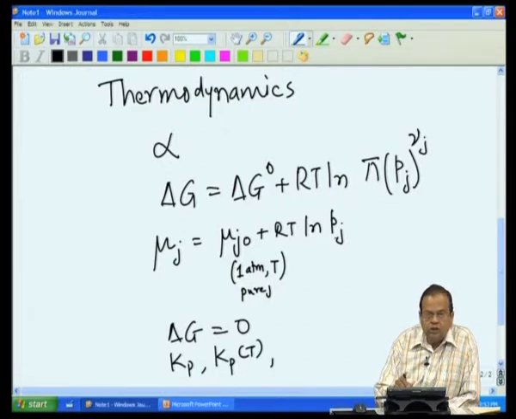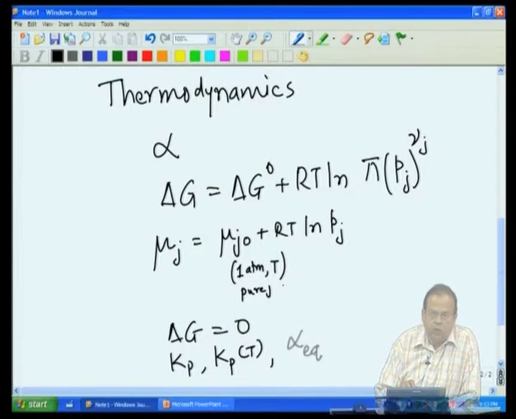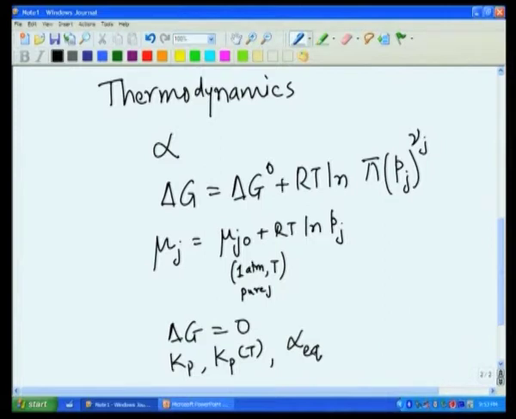Then using the partial pressure P_j in terms of mole fraction into total pressure, bringing in the stoichiometric mass balances, we found out how we can find the equilibrium extent of reaction.